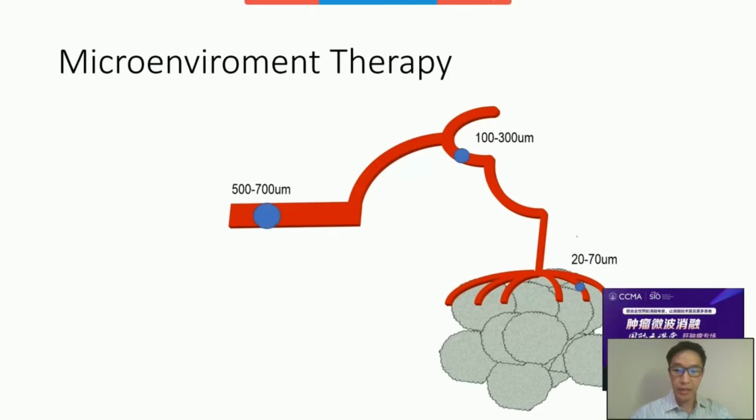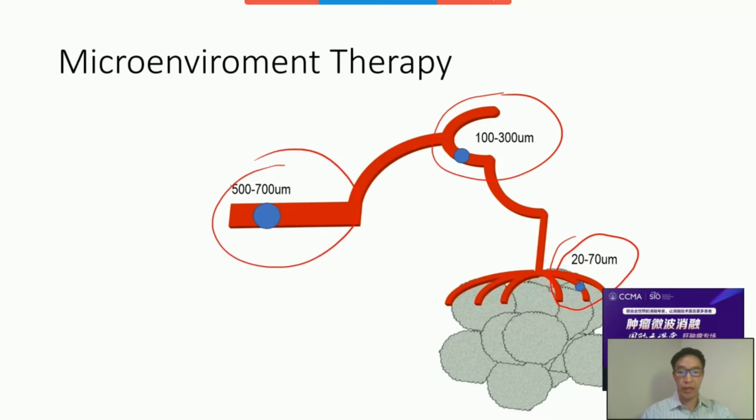And we know this because the design of the microparticle is in the 20 to 70 micrometer range. When we perform DEB TACE, we are actually occluding or blocking the inflow arterial vessels, but very few of the particles actually penetrate into the tumor itself.